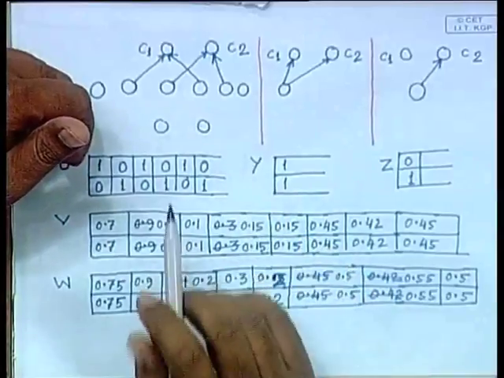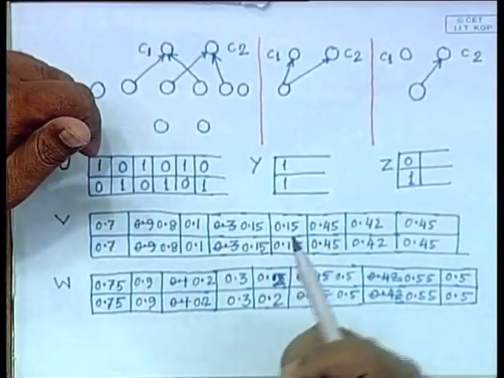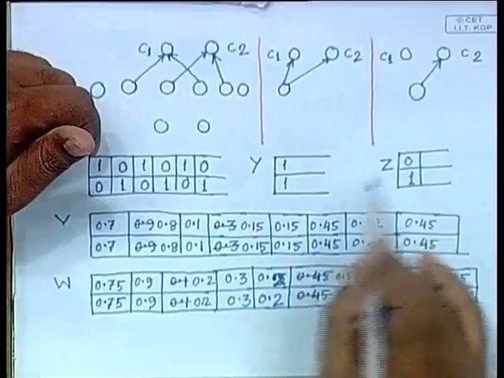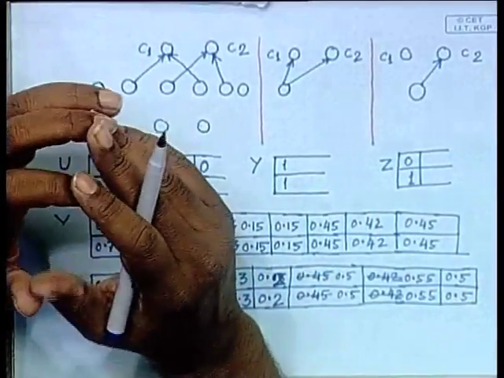Matrix Y gives you the information about connectivity between the middle layer nodes and the output layer nodes in the overlap compensation section. And this matrix Z gives you the information of connectivity between the middle layer nodes and output layer nodes in the containment compensation section.